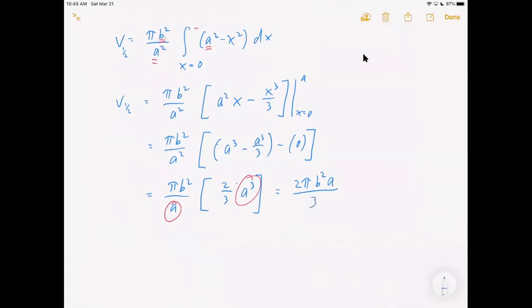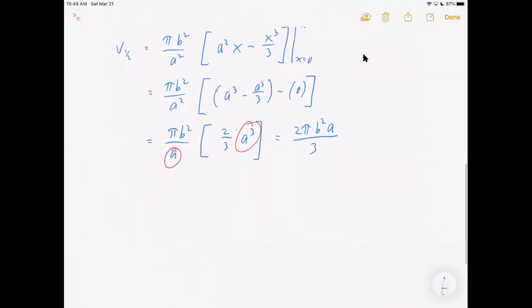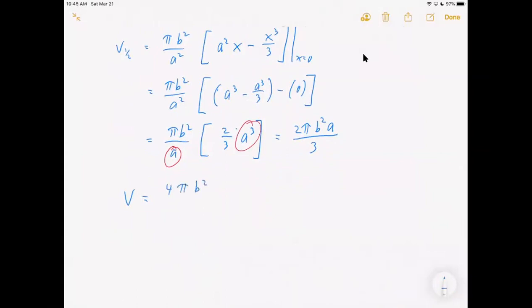And that leaves a 3 in the denominator. So there we've calculated what the volume for half of the ellipsoid would be. So if we want the volume for the full ellipsoid, we'll simply double that and we'll have 4 pi b squared a over 3.